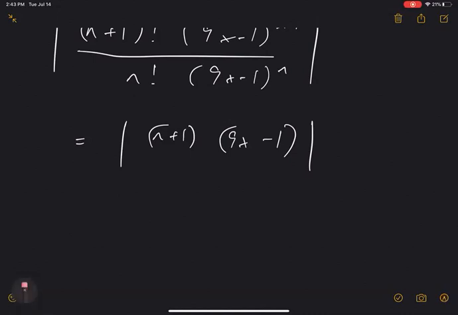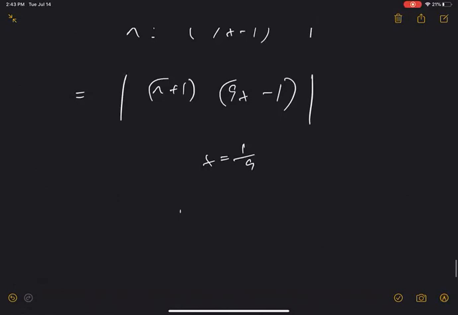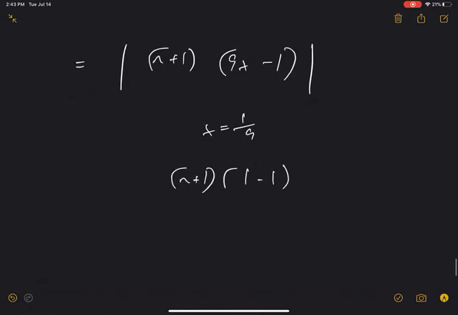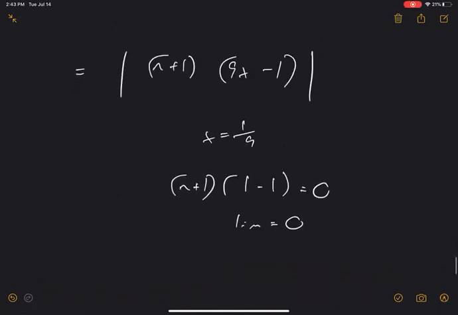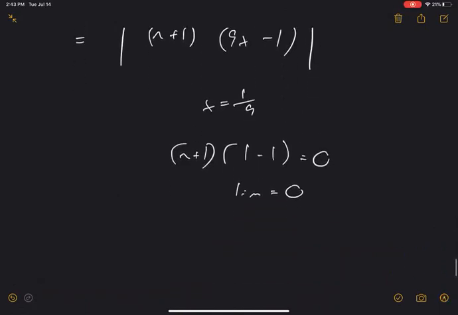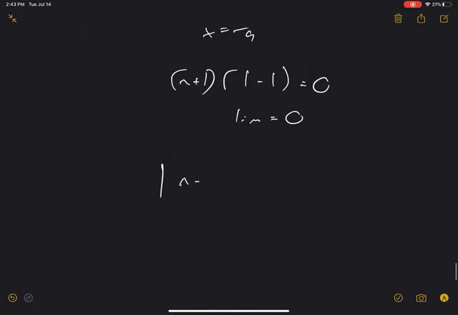If I plug in x equals 1 over 9, then I would have n plus 1 times 1 minus 1, which is n plus 1 times 0. So that's 0, and the limit of that is 0. So the limit is 0 when x equals 1 over 9. What if x is anything else? Then I'm going to have n plus 1 times (9x minus 1).